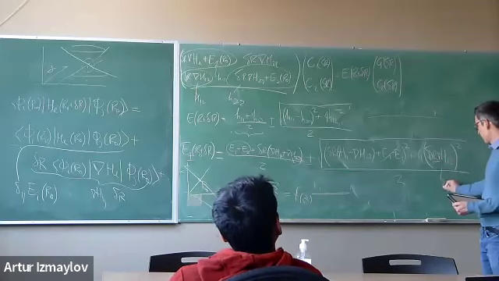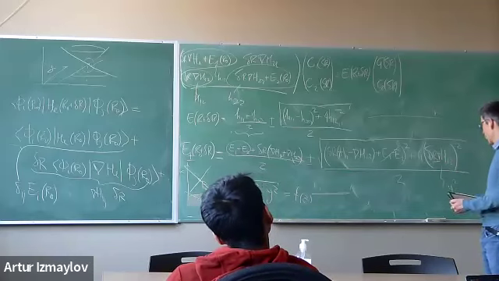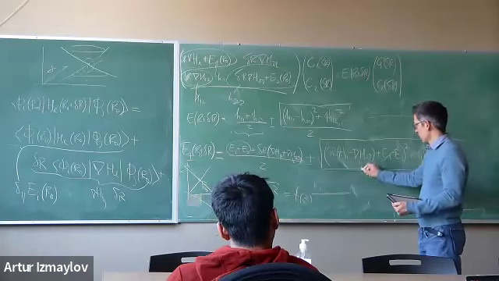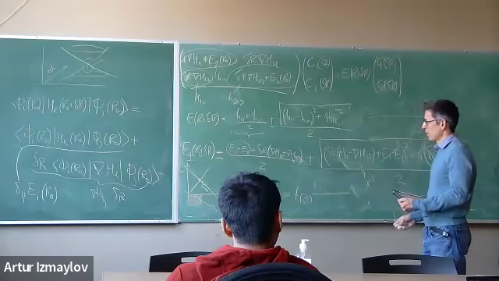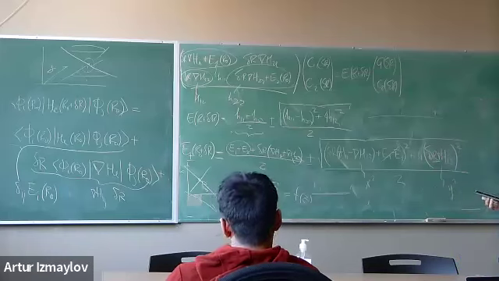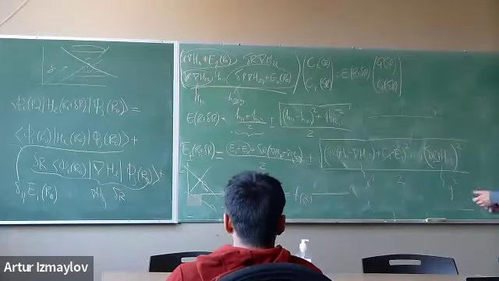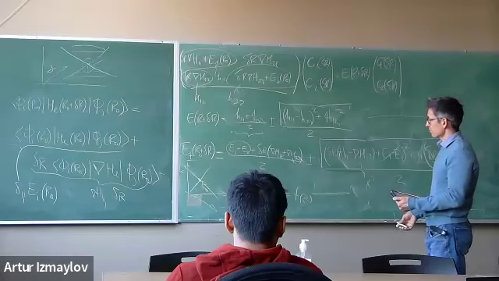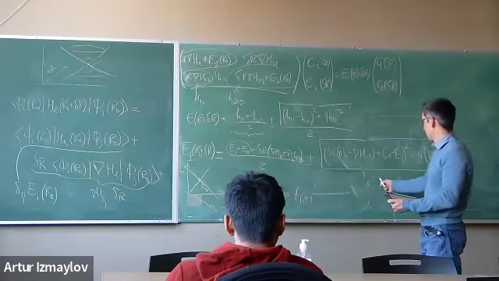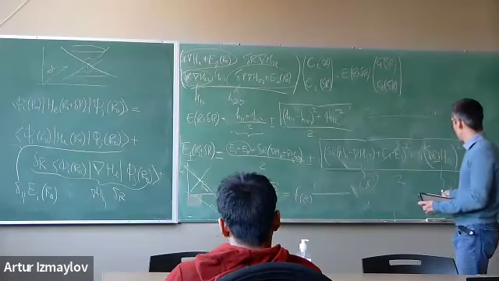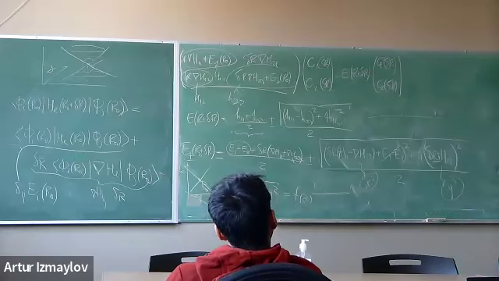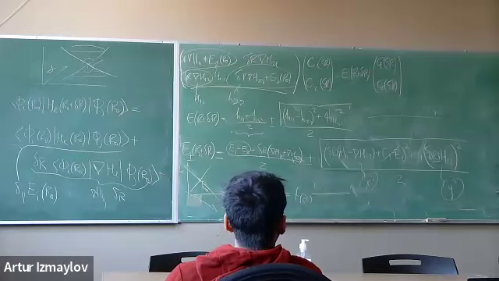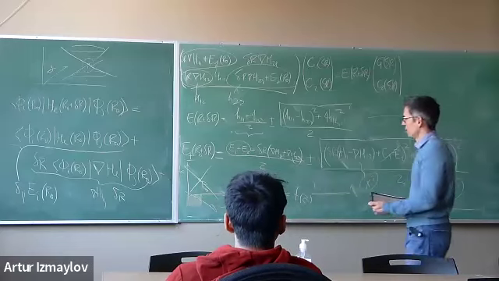So this is the analog of y squared, this is the analog of x squared, right? And we have the square root of x squared plus y squared under the same square root. So that's the cone structure.